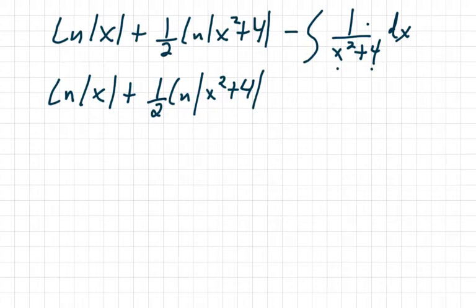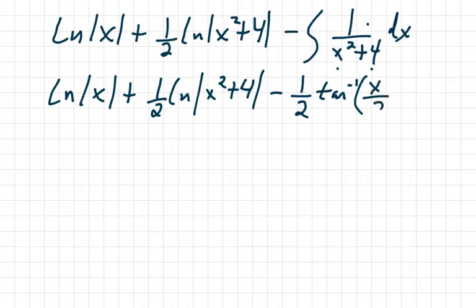So when we come into that, remember the rule of that is 1 over a. So in that case, square root of 4 is 2. Inverse tan of x over a, like so, plus our constant.